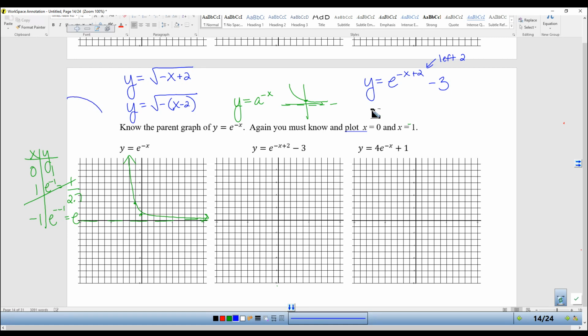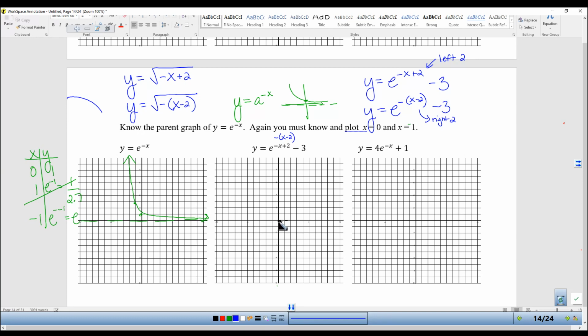So we're going to have to rewrite this one as y is equal to e to the negative x minus 2, which means the same thing, but now you can see that it's actually going to go to the right 2 and down 3. So let me just write it also here.